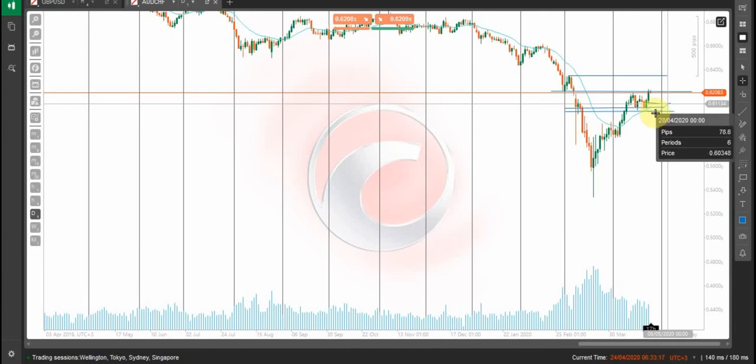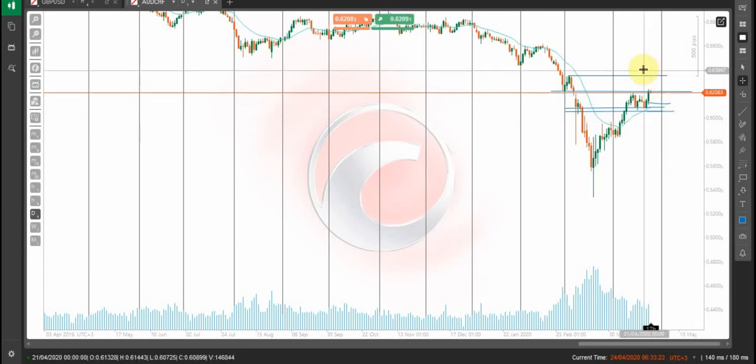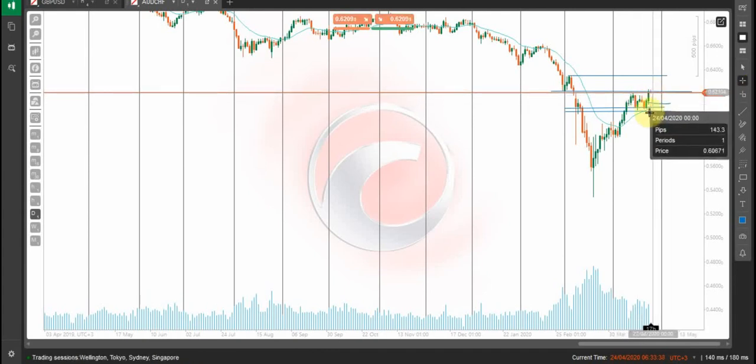It's 87 pips already. So meaning to say your risk is too high. But with his trade, it is very high risk because he entered somewhere here. Look at this, and I don't know his profit target.